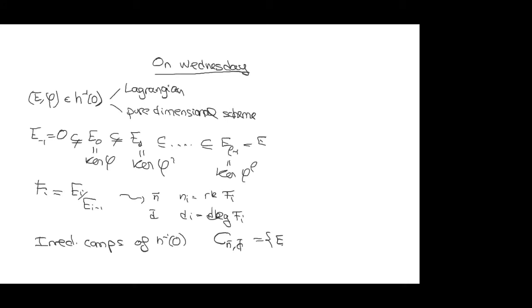So there will be Higgs bundles in the moduli space such that the degree of F_i equals d_i, and the rank of F_i equals n_i.